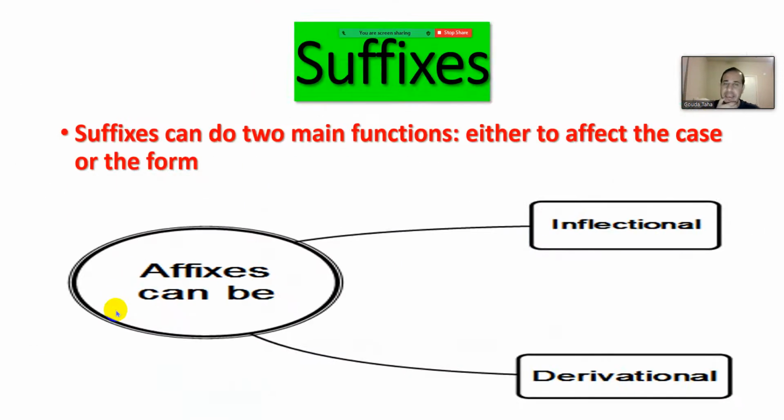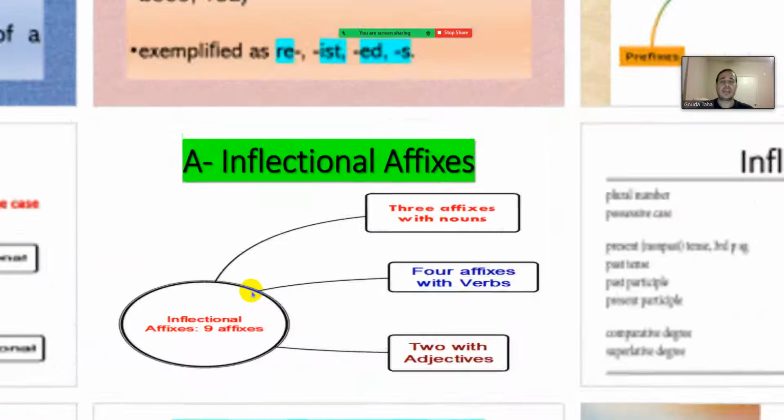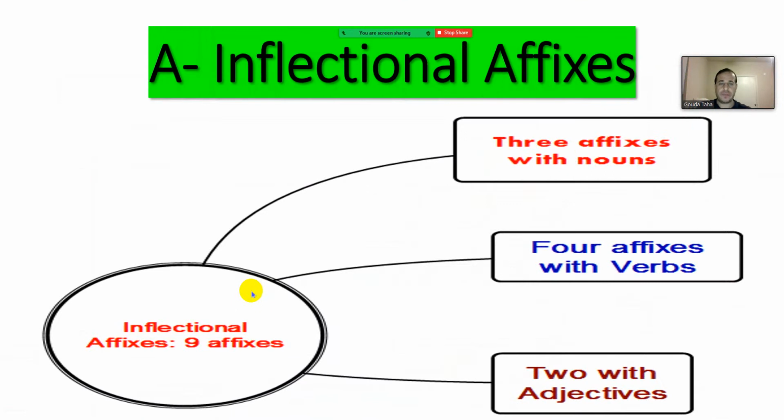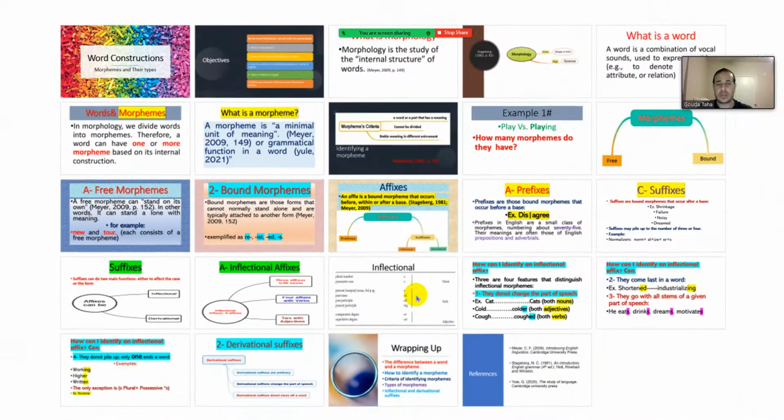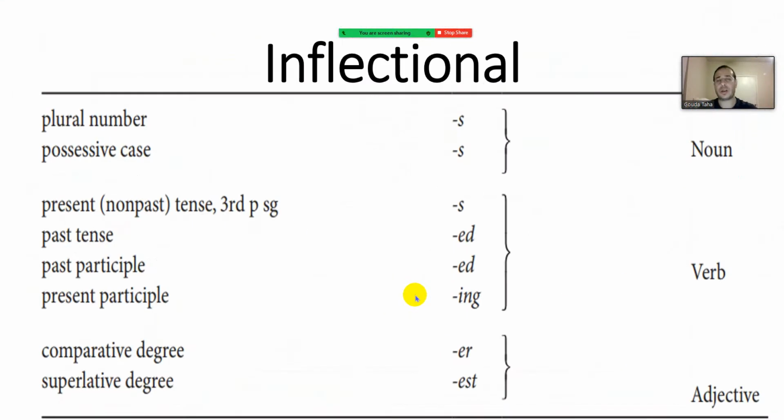So we can further categorize suffixes into two main parts: inflectional suffixes and derivational suffixes. In English, we have 9 inflectional suffixes. 3 of them occur with nouns, 4 with verbs, 2 with adjectives. The noun ones are the 3 S's. Usually, this is a simple way of memorizing them.